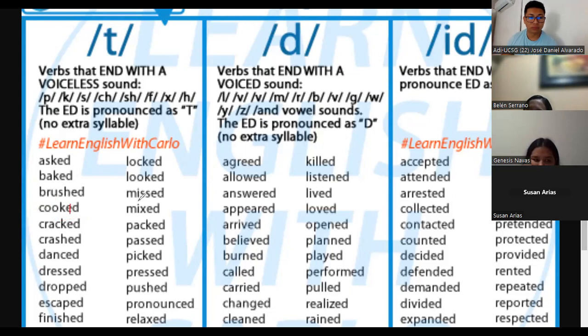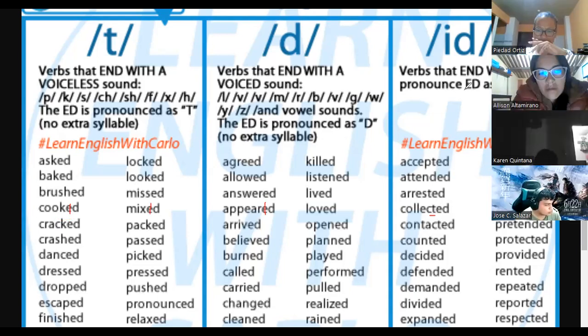Cook, mixed, appeared, love, college. Aquí ya no, porque tiene T y acá también T, entonces ahí sí pronunciamos la ED. Collected, printed, very good. Hemos dicho que si hay una T o una D, antes del ED, pronunciamos la E.